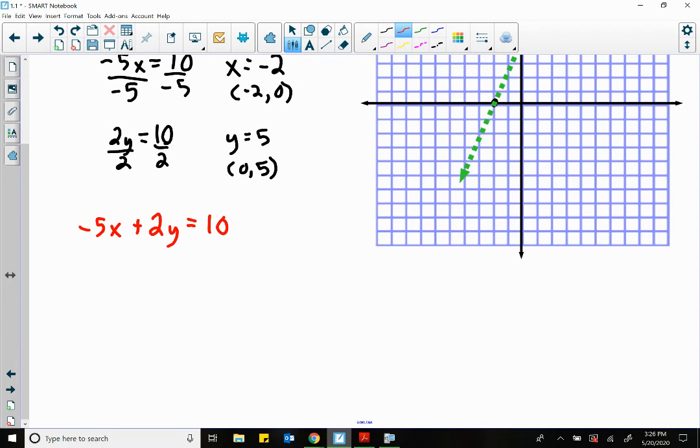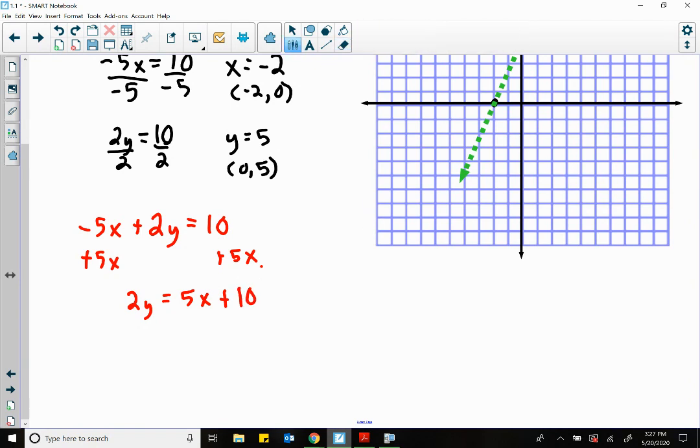So in here, we're going to go ahead and add 5x to both sides because we've got to move the x piece. So plus 5x. So that gives us 2y equals 5x plus 10, because I always like to put the x piece first. And then now all we're going to do is the number in front of y is 2. We're going to divide everybody by 2.